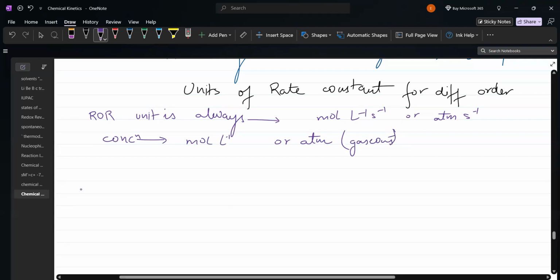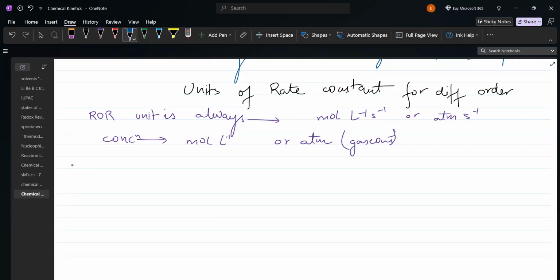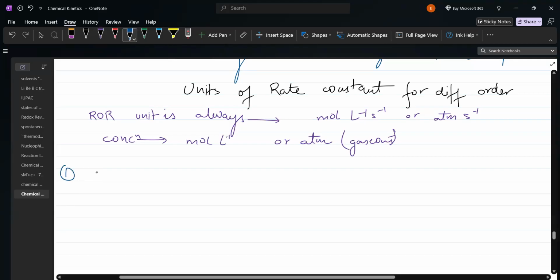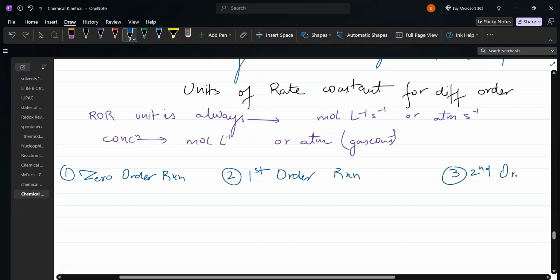Okay, so let's see for the zero order reaction, then first order reaction, and then we have second order reaction.